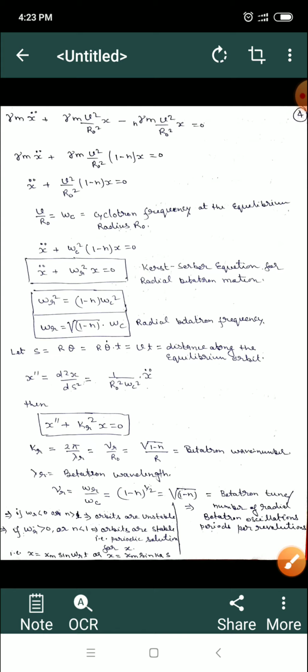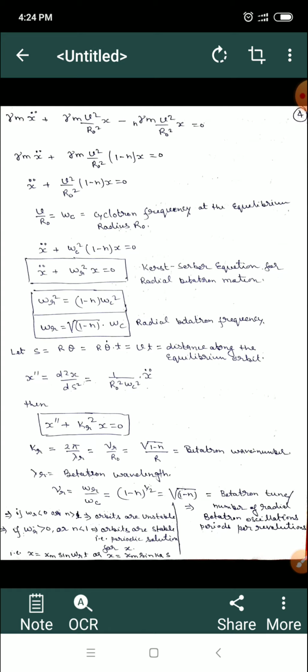If we define nu r, it is equal to omega r upon omega c, which is exactly equal to 1 minus n to the power half, under root 1 minus n. This is known as the Betatron tune, or the number of radial Betatron oscillation periods per revolution. In one revolution, the number of oscillations the charged particle makes in a radial path is known as the Betatron tune.